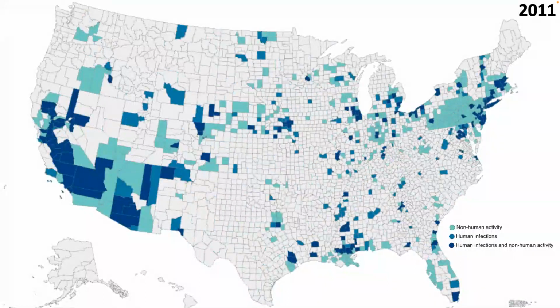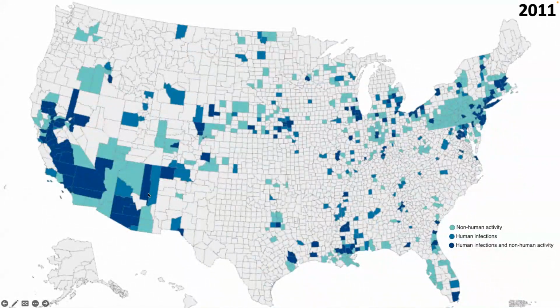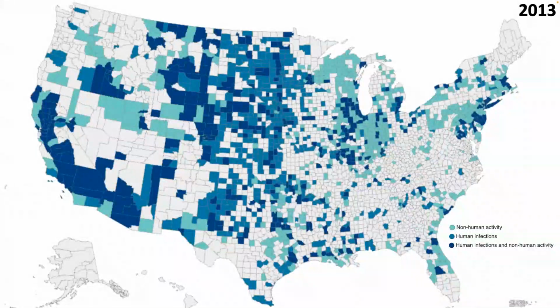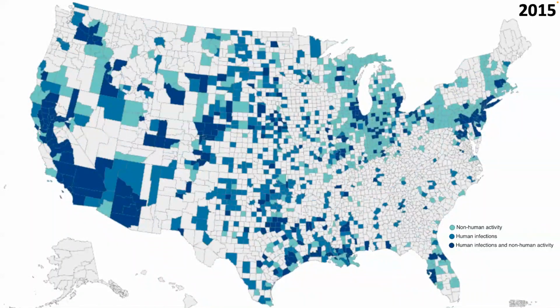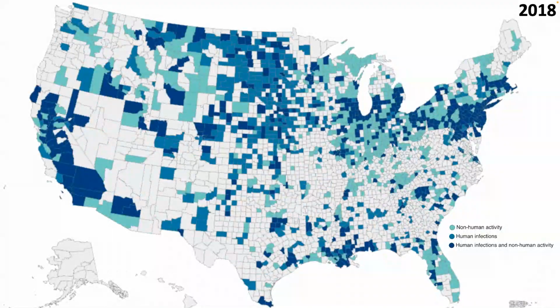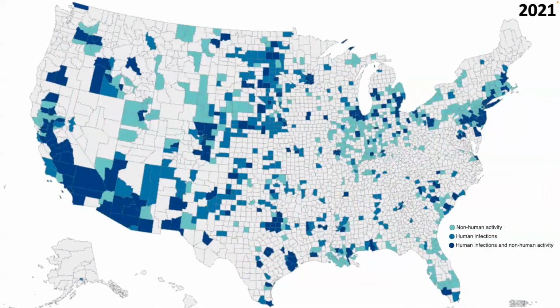As we progress through the years, we can see that human and non-human activity was bouncing around by county every single year. However, in the Southwest, we can see that we have persistence of West Nile virus in those counties. In particular, if we zoom in on Maricopa County, the upside-down L county in Arizona there, we can see that there were human and non-human activity reported every single year. In 2020, we saw a low year, but by 2021, it expanded again.